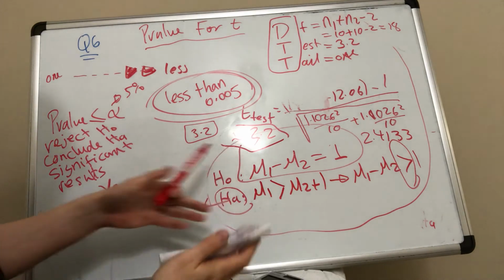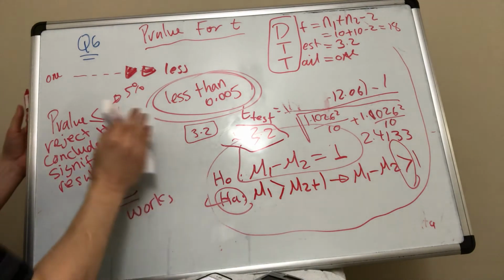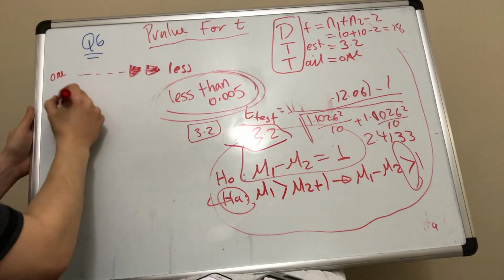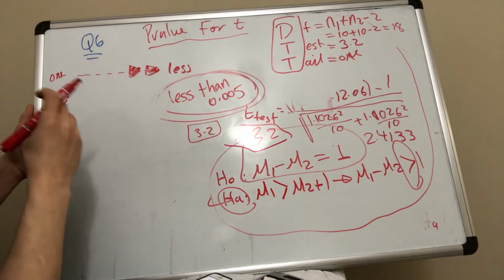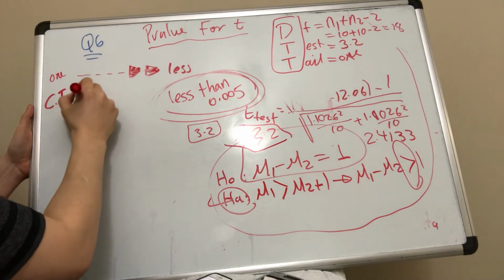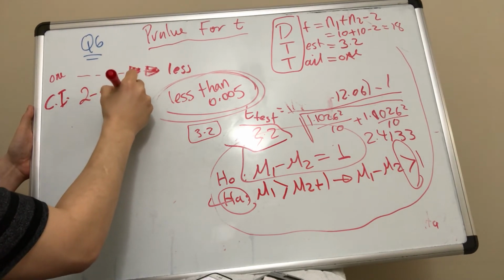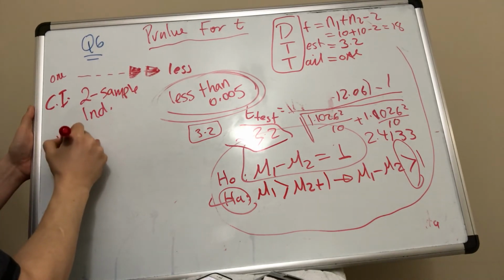So here we did it as a hypothesis test. Now we're doing a confidence interval for an independent system. This is the formula we need when you see a question asking for a confidence interval, and this is the key word. When you know that you have 2 sample independent, this is the formula.